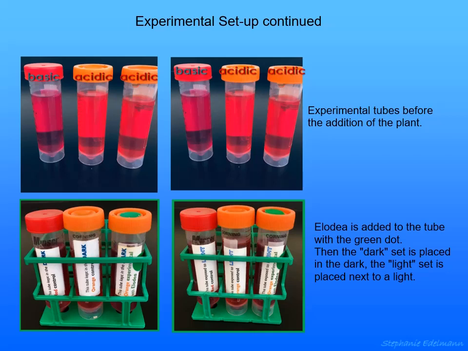The rack on the right is going into the light. And each of these racks has one of each type of tube in it. So a red-lidded one, an orange-lidded one, and one that has the orange lid with the green dot, which has the plant in it, and the CO2 enriched phenol red.